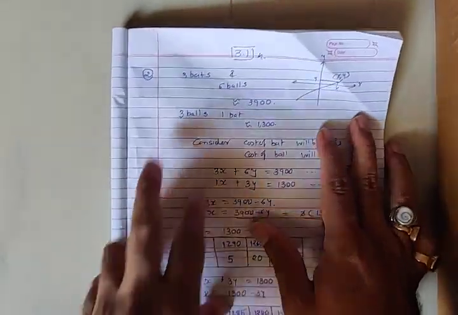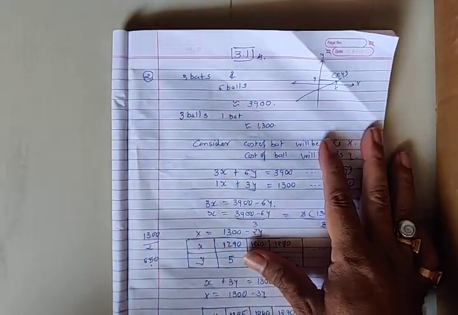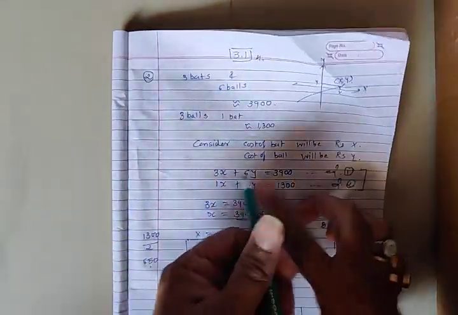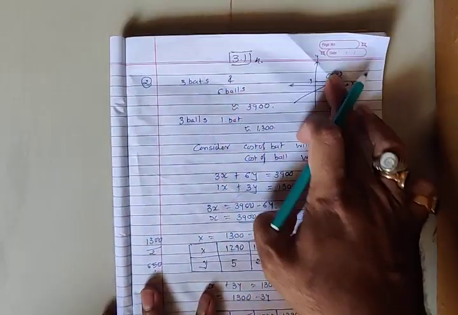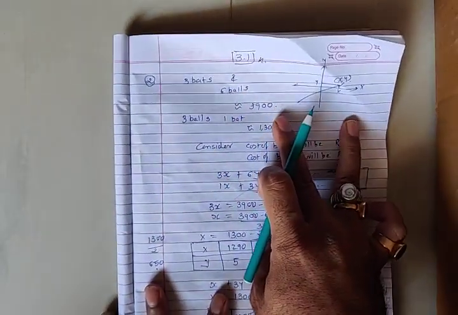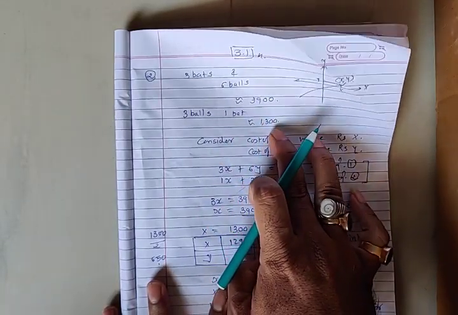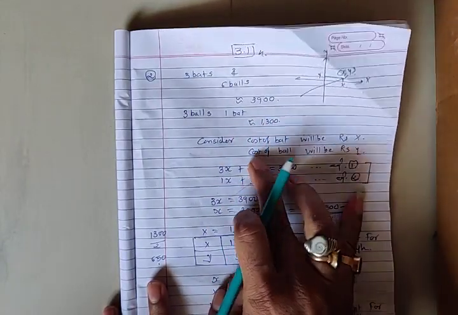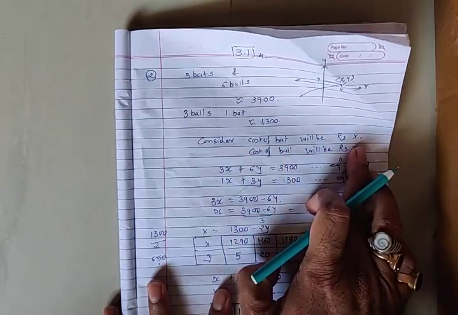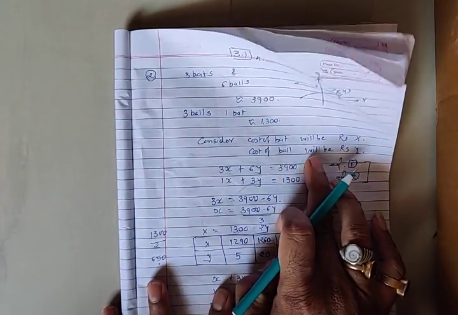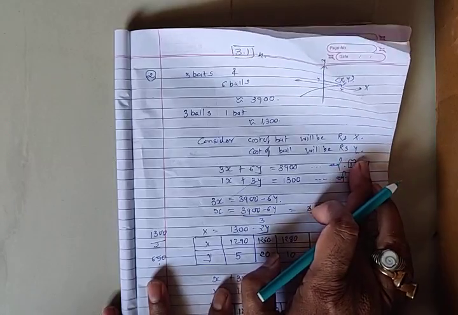Now let us start with exercise 3.1, number 1. 3 bats and 6 balls cost a total of 3,900. Another condition is 3 balls and 1 bat cost 1,300. Let the cost of a bat be rupees x and the cost of a ball be rupees y.